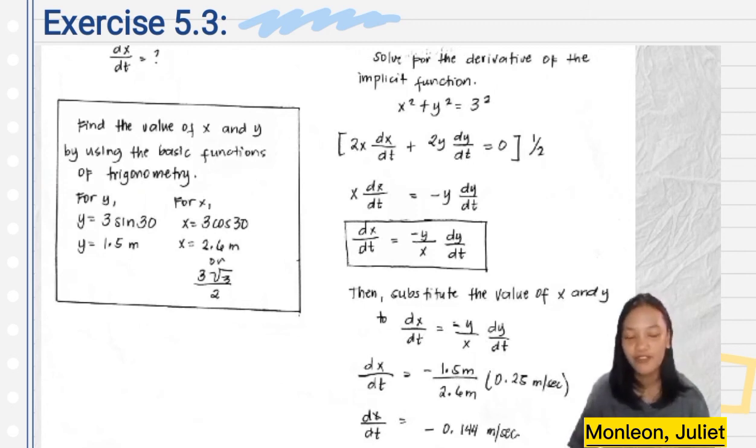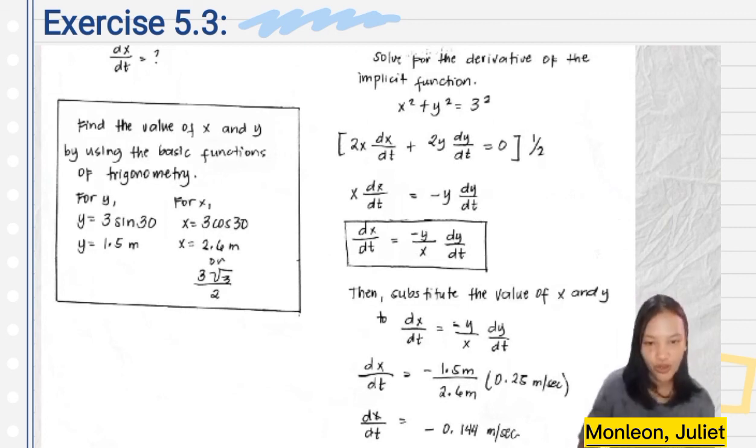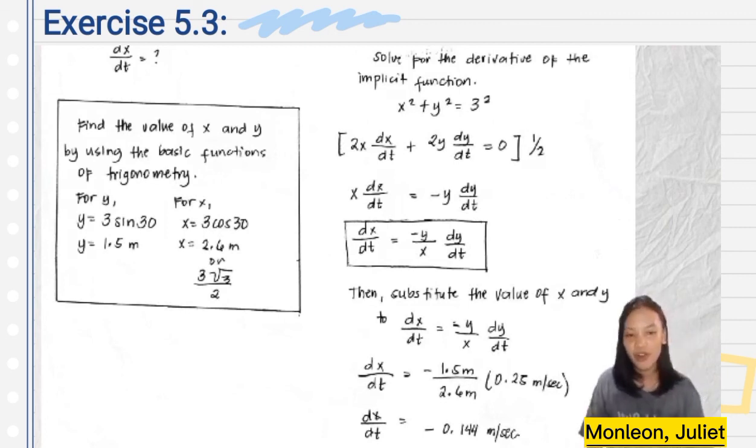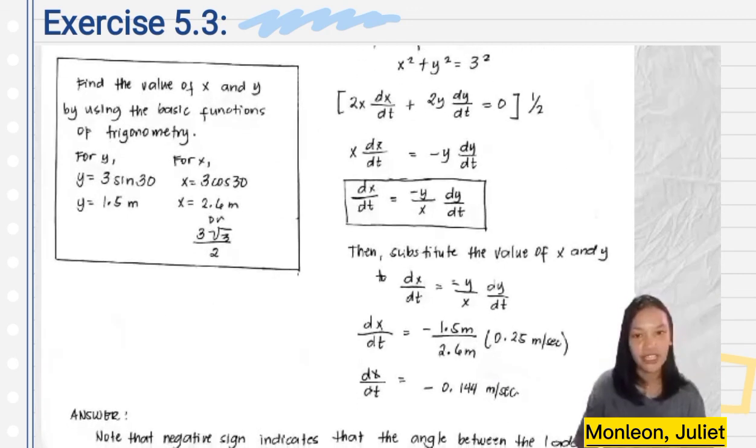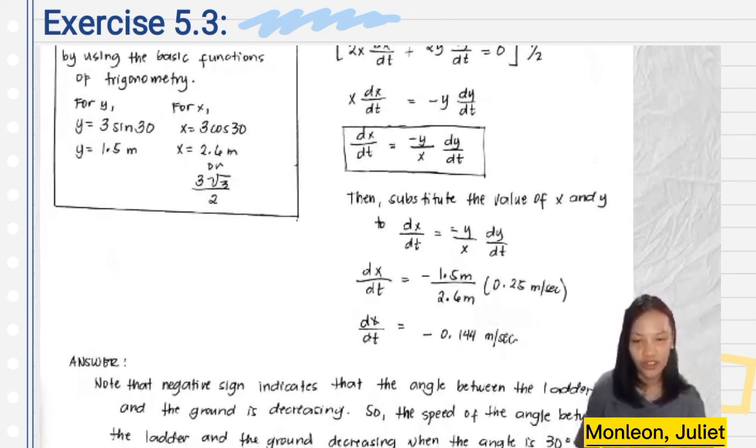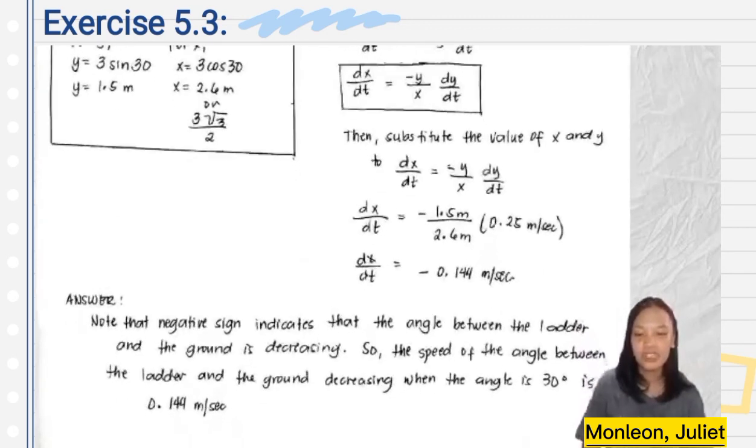So by simplifying the given equation, we have now the result of negative 0.144 meter per second, meaning dx/dt is equal to negative 0.144 meter per second.